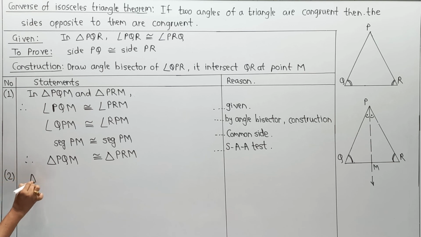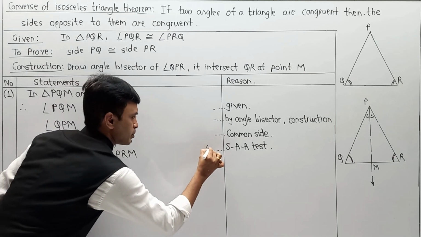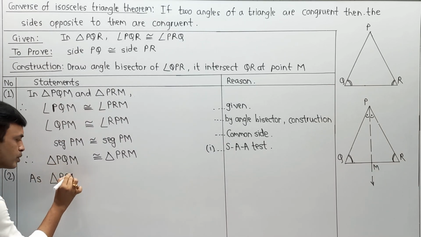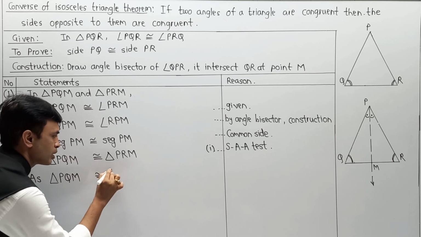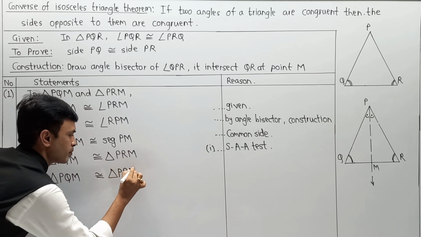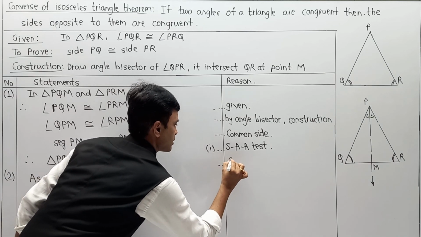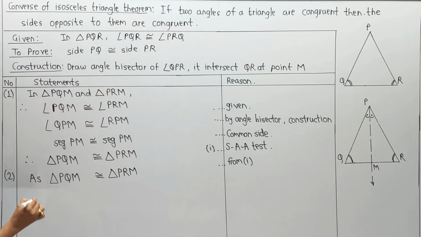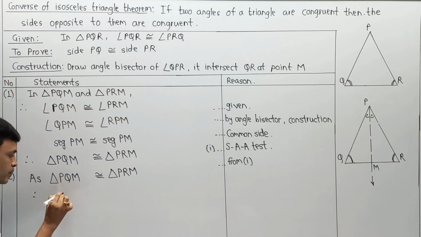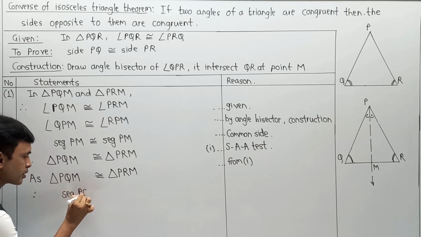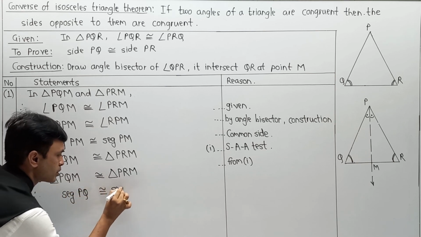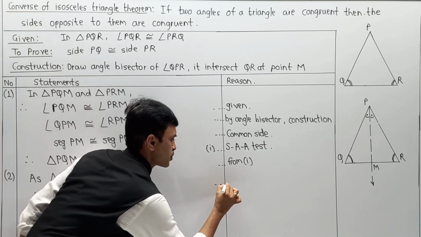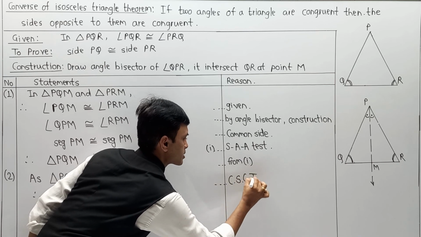So the second part. I'm going to give it as equation number 1. As triangle PQM is congruent to triangle PRM from 1, therefore segment PQ is congruent to segment PR, and the reason is corresponding sides of congruent triangles.